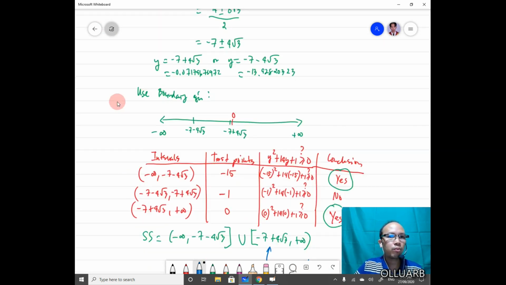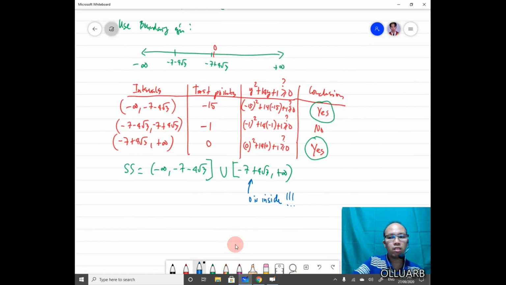This is our range, R sub capital F. But we have to exclude 0.